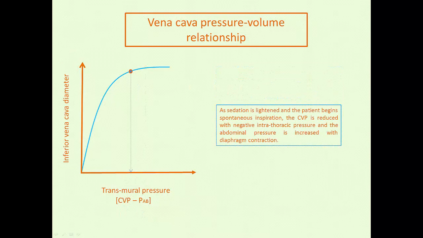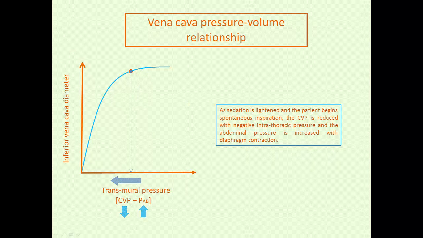Now his sedation is lightened and the patient begins spontaneous inspiration. So now we've changed the physiological context and you can no longer apply the diagnostic parameters that were derived from the patient who was completely paralyzed and sedated with the ventilator to this patient who's generating inspiratory and expiratory efforts.